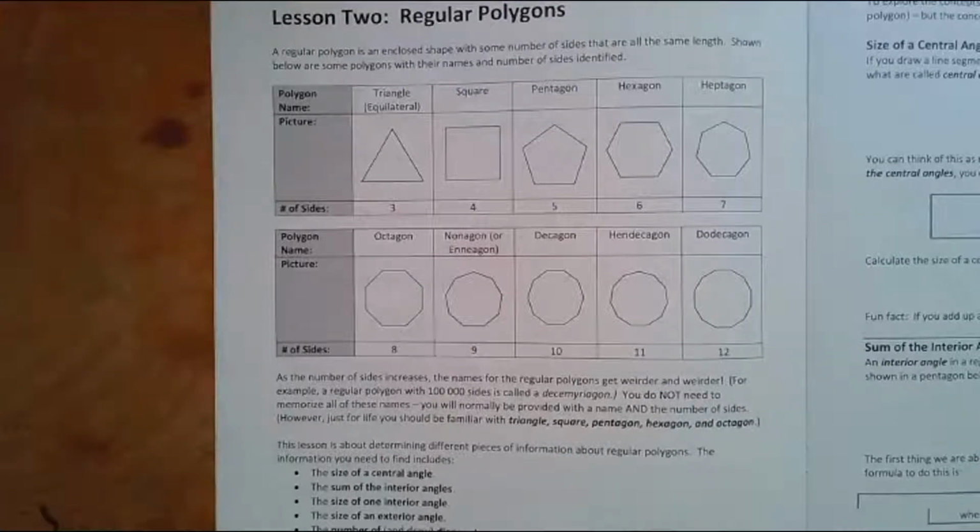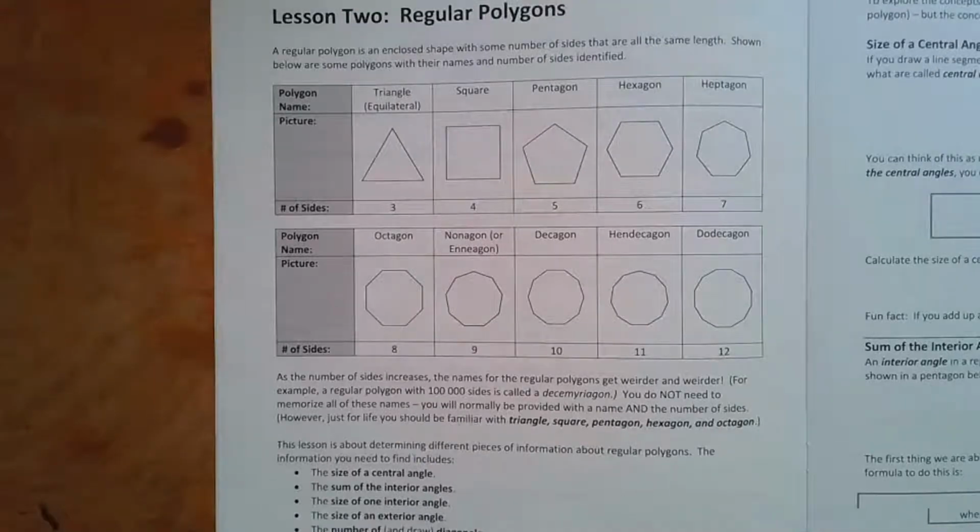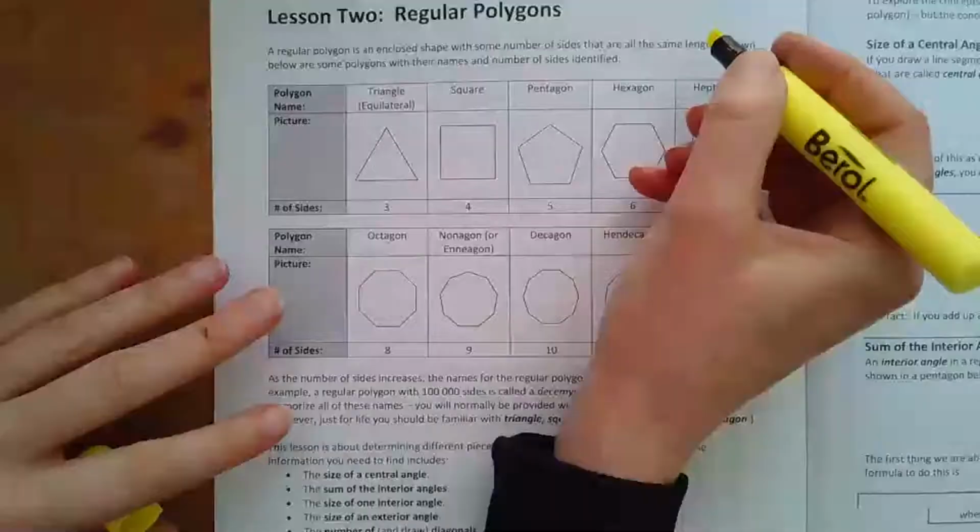But there are characteristics that are common to all regular polygons. Now, the word regular is a very important descriptor, because when we talk about a regular polygon, it's talking about shapes where, and this is very important, the sides are all the same length.